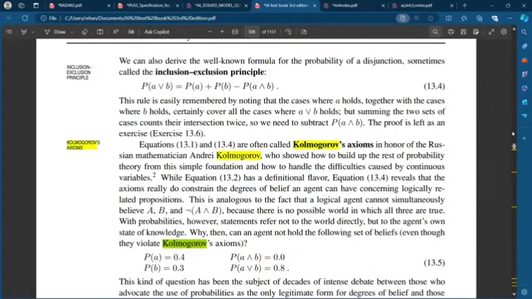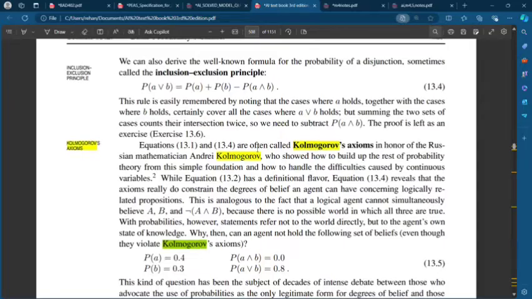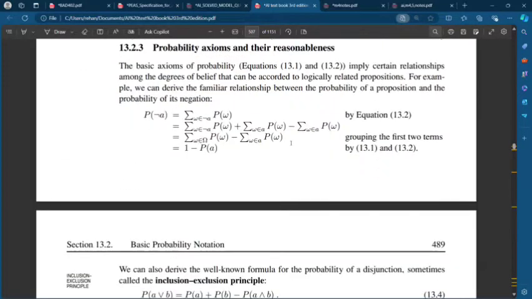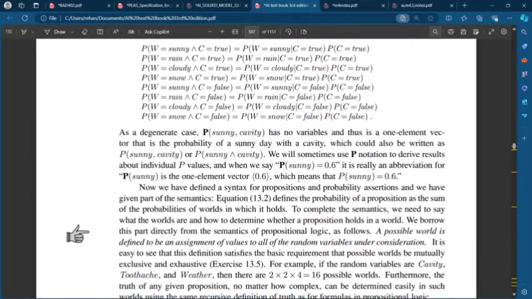Okay, let me just search. Yeah, we came here. Why do you keep showing so much? I'll be upset if my voice is not being recorded. Probability axioms and they're reasonable.